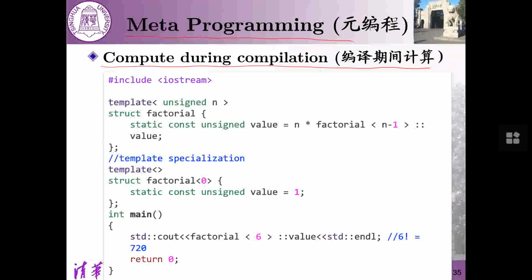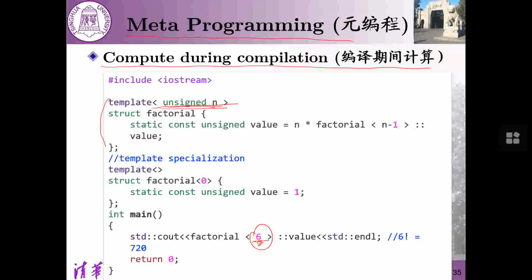So in this example, we have this factorial template. We provide a built-in type here, so in this case we can provide a constant. The compiler will pass a constant into this template.